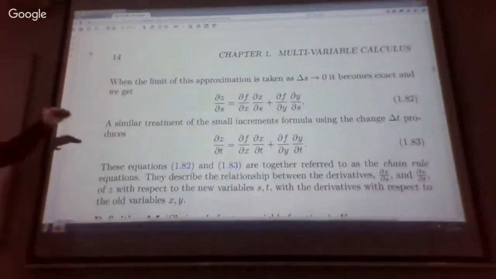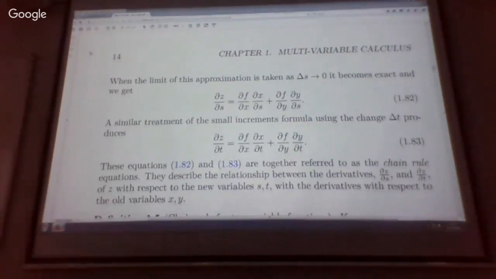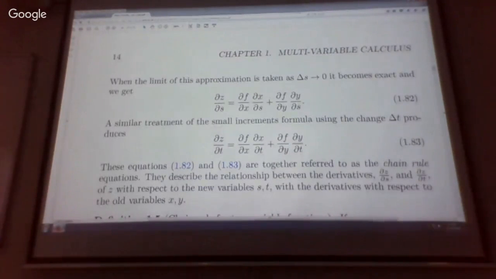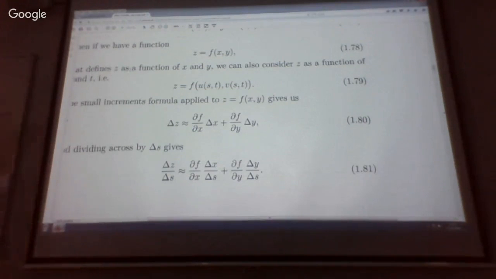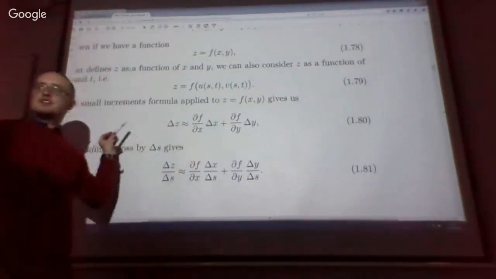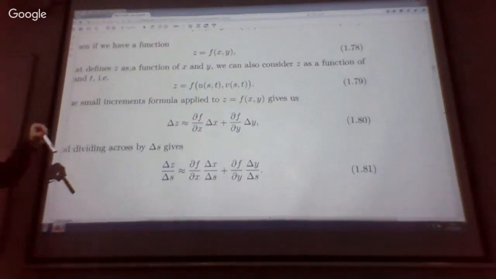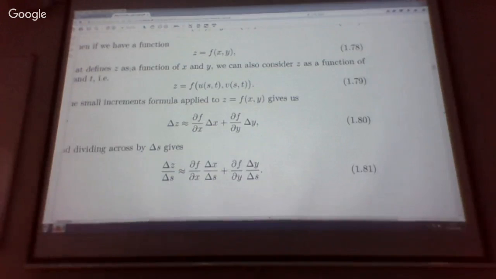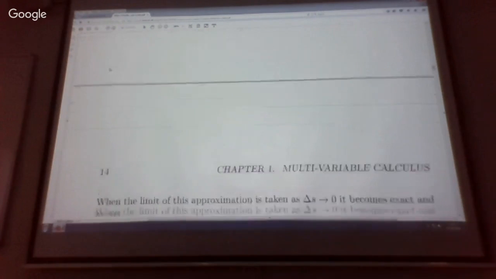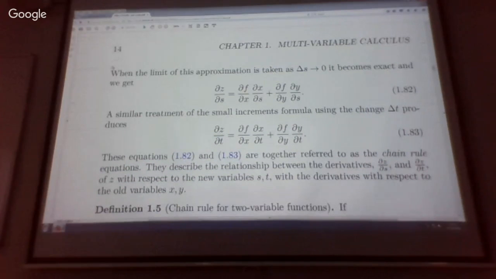So in exactly the same way, you can start with the small increments formula at the bottom of the previous page, this one here, and now divide across by delta t. It works exactly the same as it did in the s case. When you divide across by delta t, take the limit of both sides as delta t goes to 0.